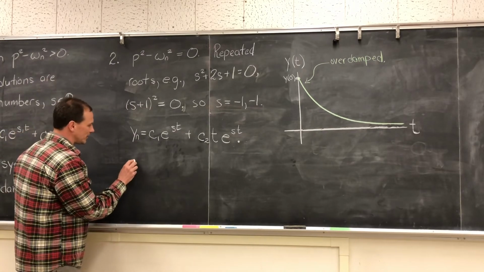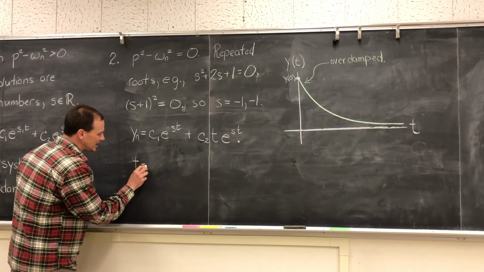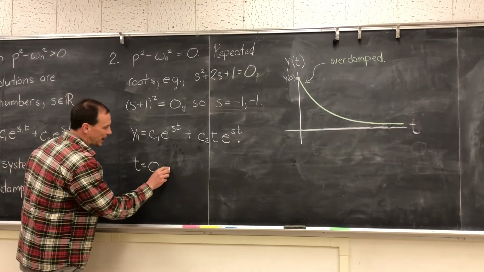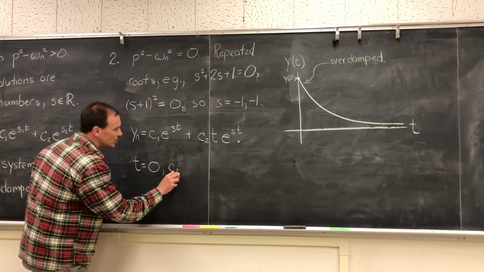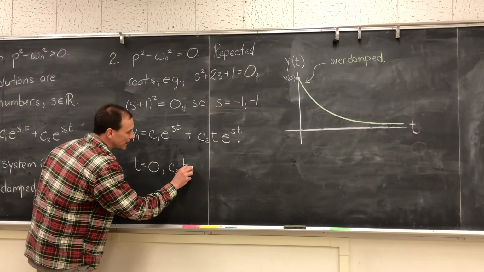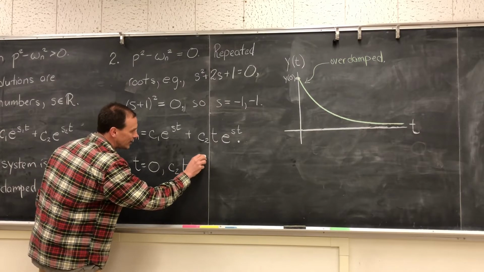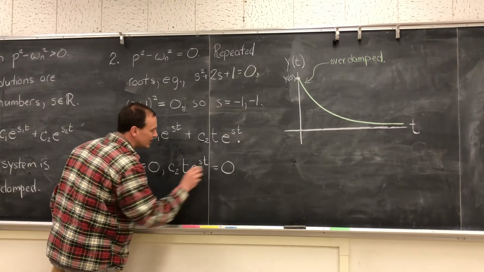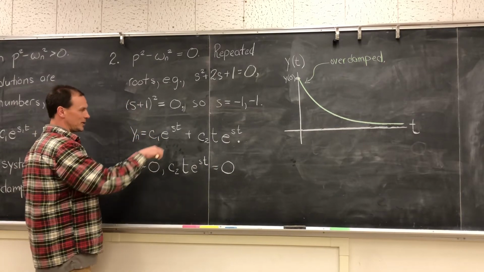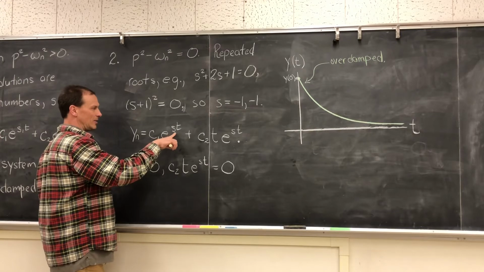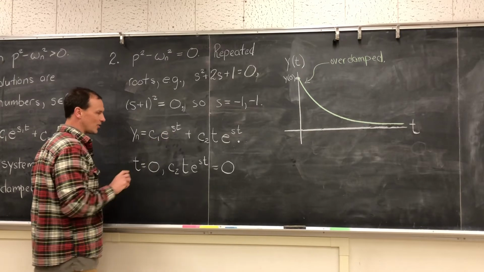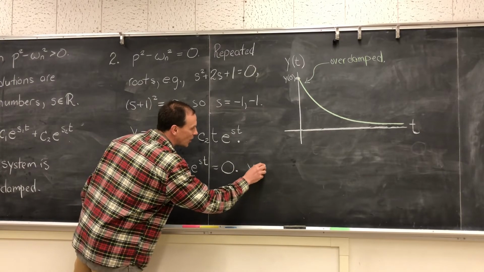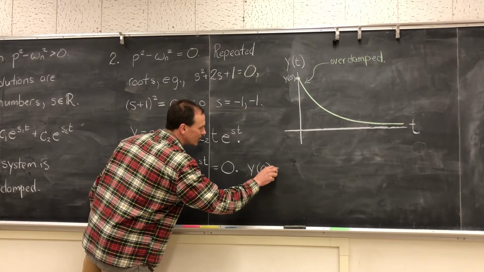When t equals 0, the term c2 t e to the st is 0. Also, when time is 0, e to the 0 is just 1. And so there you have it: your initial condition, y of 0, is c1.